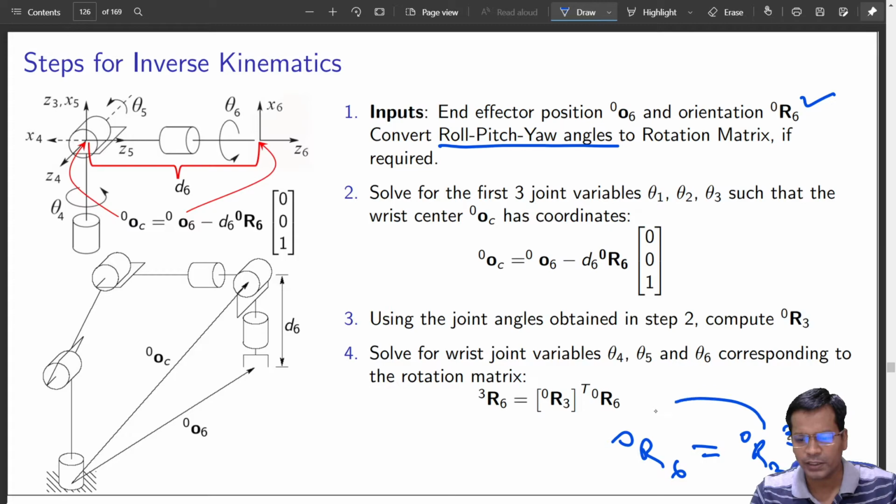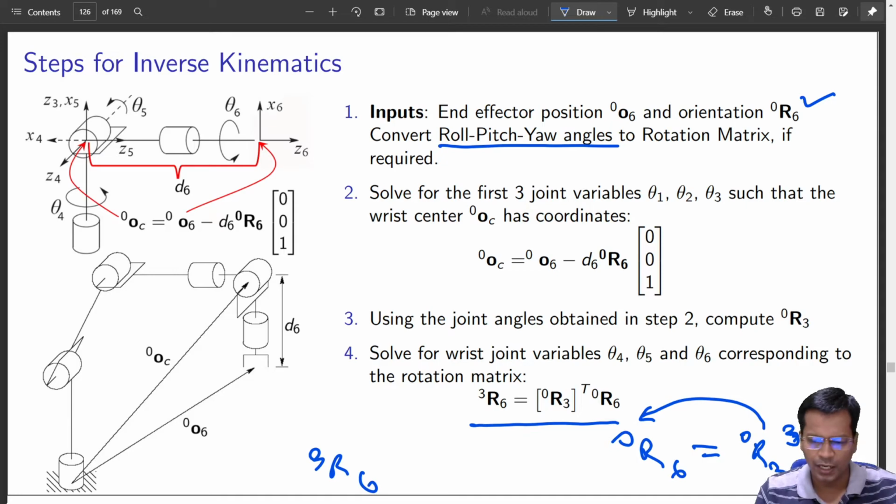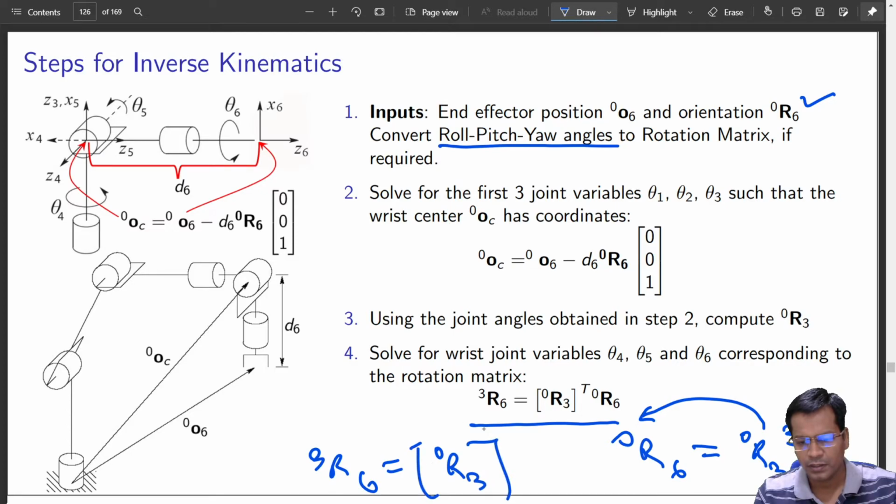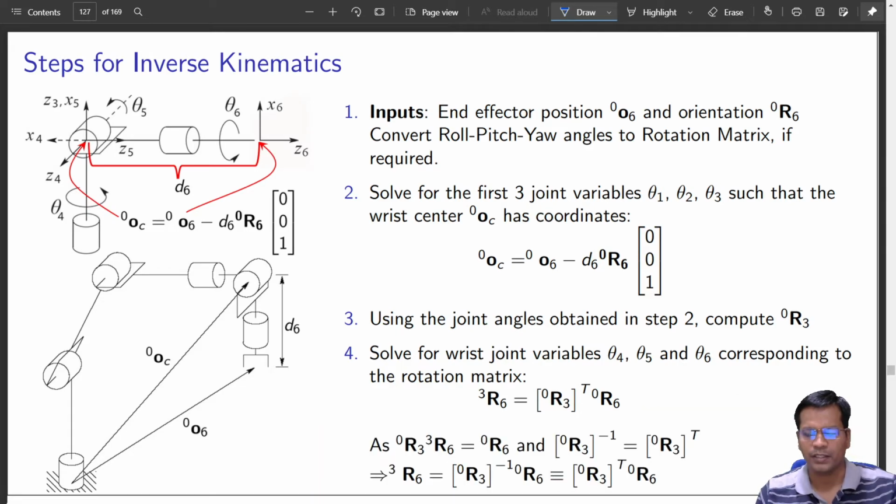Now bringing it to here, this can be written as 3R6. 3R6 is nothing but 0R3 inverse into 0R6. Done. So 3R6 is evaluated. Got it?